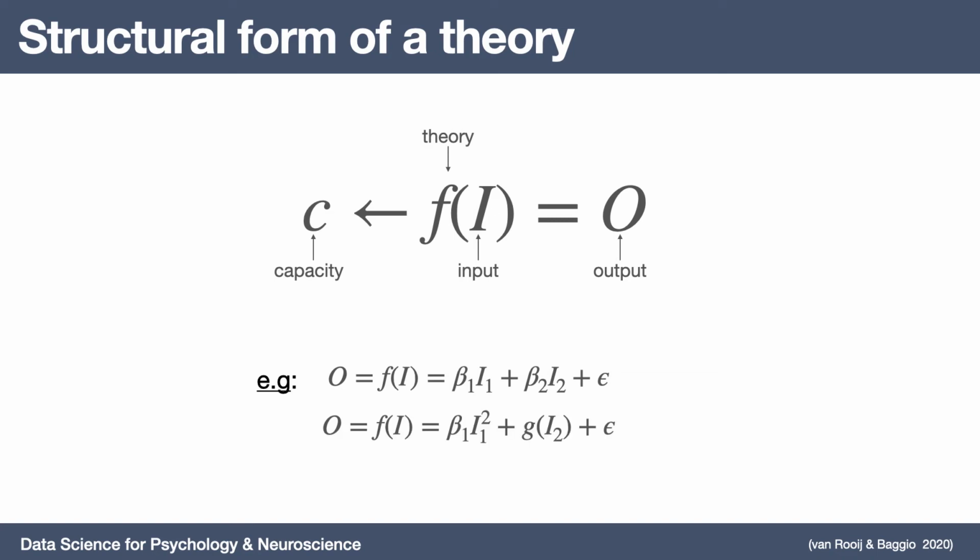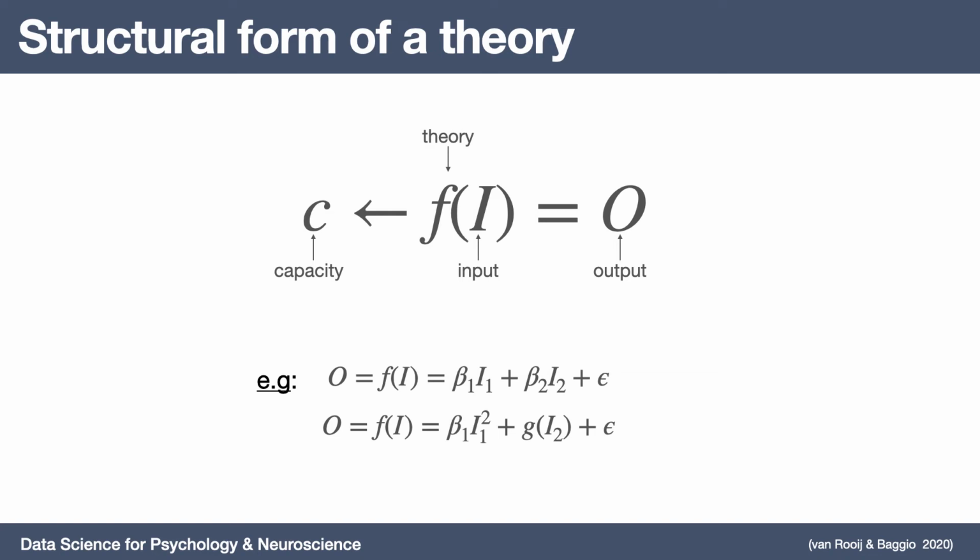This can take more complex forms. So instead of a simple regression, this can be a nonlinear equation where you have the output determined by some squared input and a functional change on another input plus noise. The fundamental form of F, that theory, can be as complex or simple as you want.